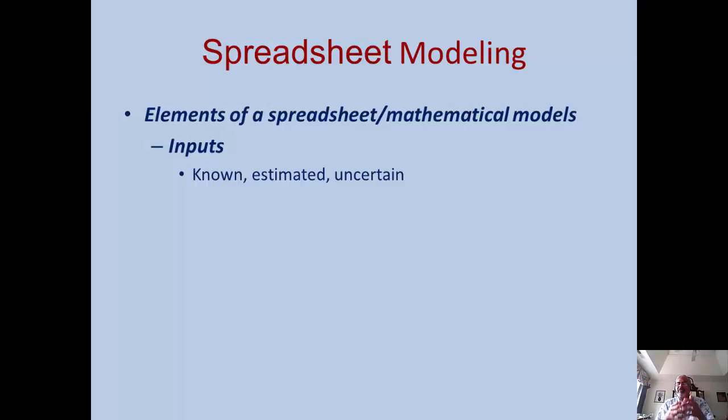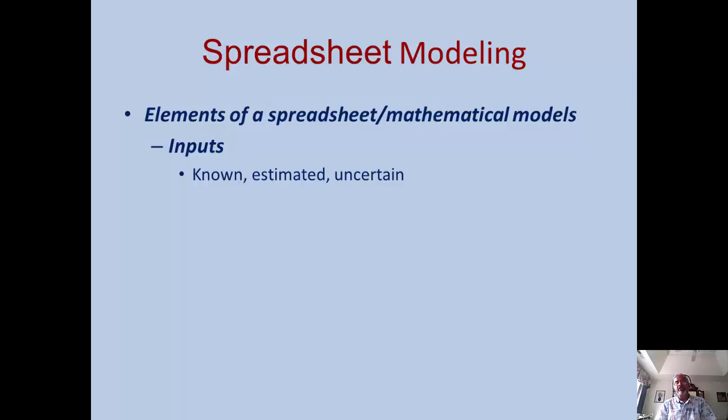So there may be some estimated numbers that will be used as input, and when we set the model up, we can do some what if analysis with the estimated numbers. What if the estimate that we have come up with is not accurate? Maybe there is an error in our estimation, so we can try different what if analysis by playing with the estimated number. And there are some other inputs which may be uncertain.